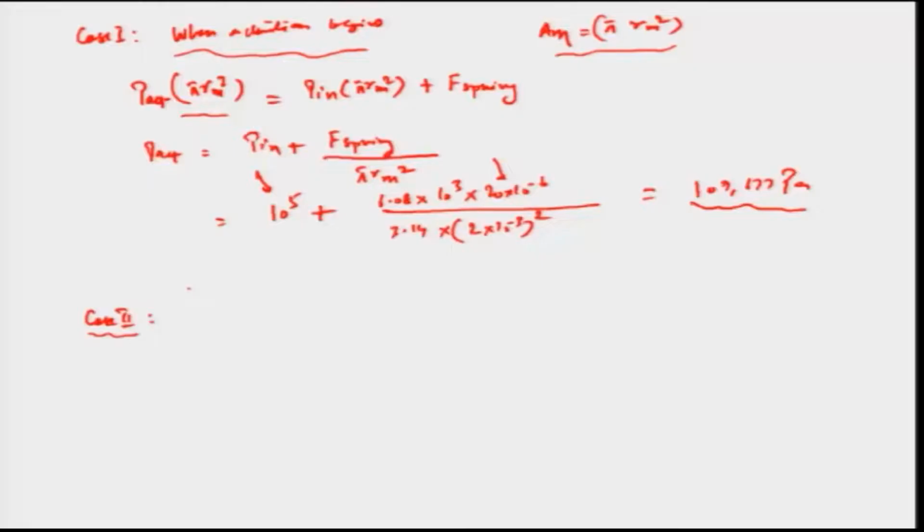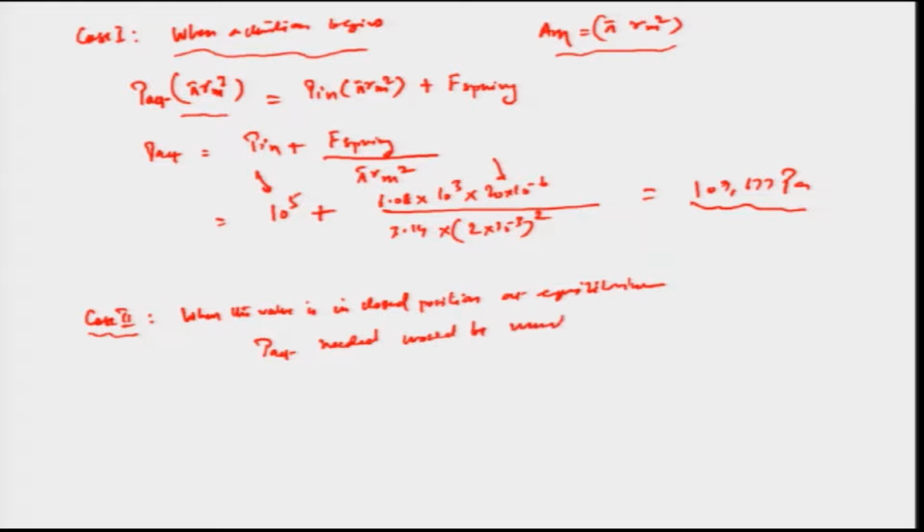So, here in case 2, let us say when at equilibrium, when the valve is in closed position at equilibrium, the P actuation needed would be much lesser.